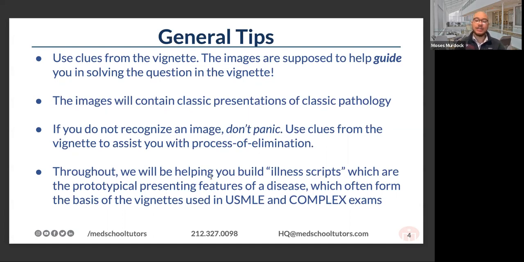It can be easy to freak out a little if you don't immediately know what's going on in those formats. But recall that you have clues from the demographics of the patient to their signs and symptoms, lab abnormalities, and physical exam findings described in the text. You should incorporate all of that data to help you get to the right answer.